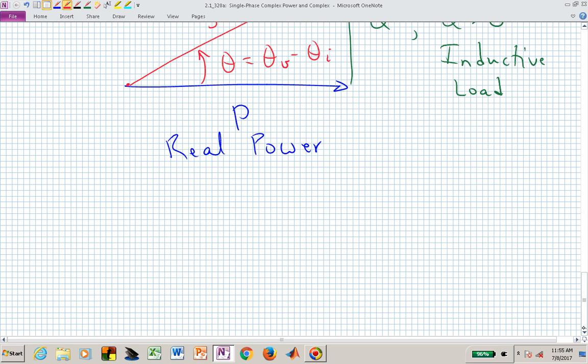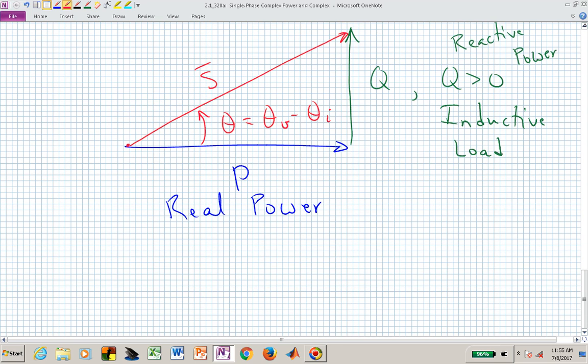Now that we have this geometric representation of complex power, maybe it's even easier to remember the formulas associated with the real power, the reactive power, and the complex power, and a new term which we will call the apparent power, which is just the length of that hypotenuse.